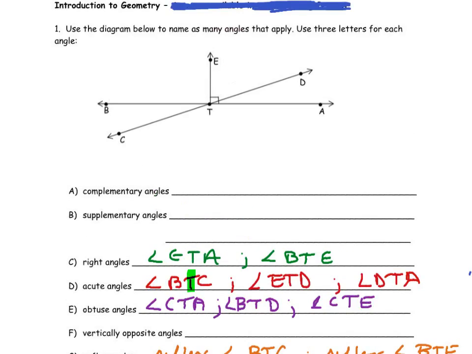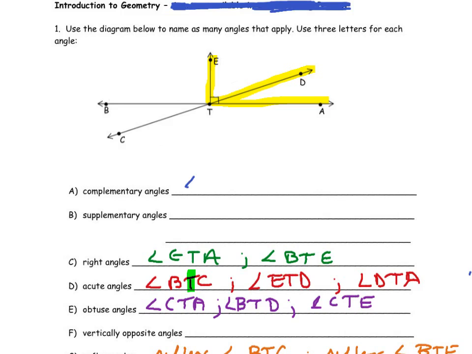Now let's talk about complementary and supplementary angles. Complementary angles, by definition, are two angles, or maybe more, that add to give you 90 degrees. There's a 90-degree angle, but it can also be made from two adjacent angles that are side by side, which adjacent means, that add to give you 90.